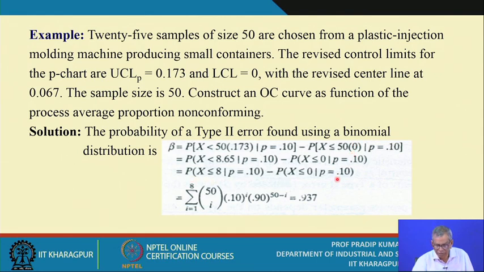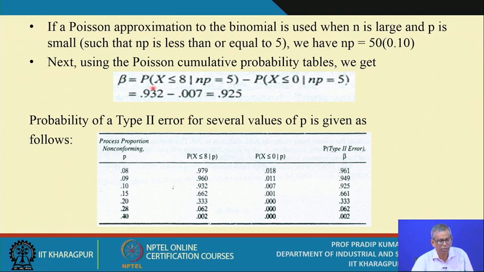Ultimately you get these expressions, and you can directly use the binomial distribution, the probability mass function, consider all the possible values, and then you get the value of beta. Many a time you go for Poisson approximation to the binomial distribution. If you go for it, beta is computed as 0.925. That means the probability of non-detection is very, very high.